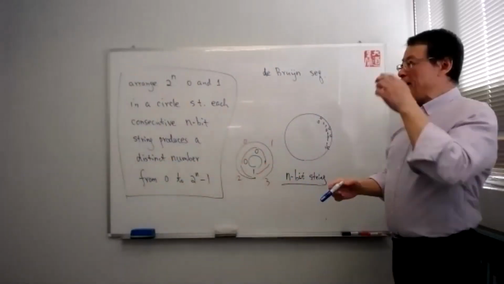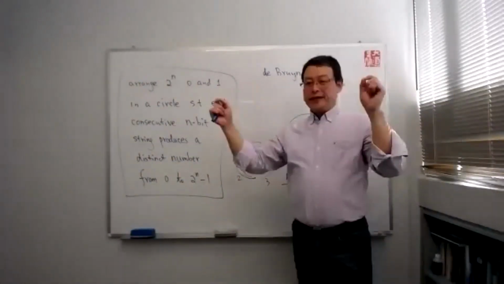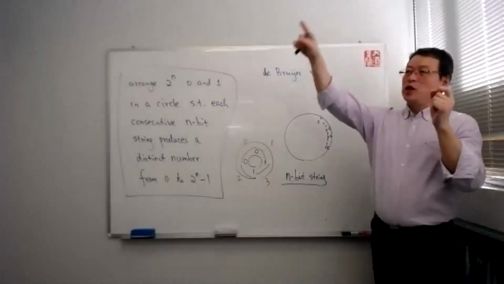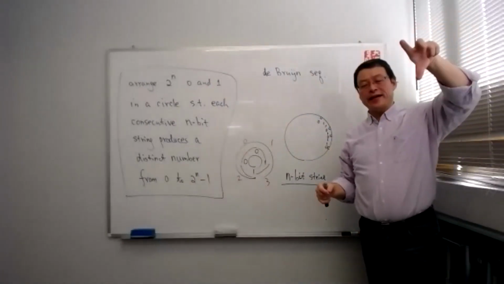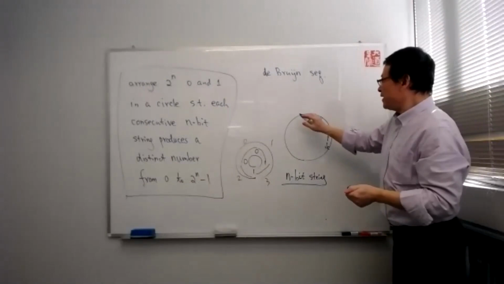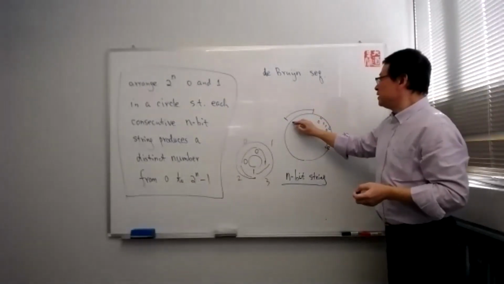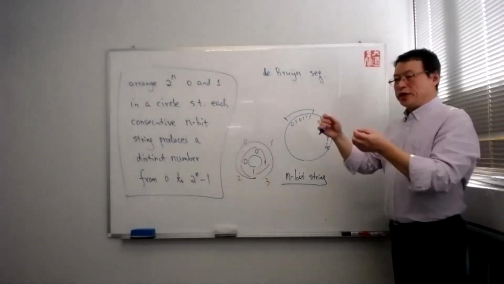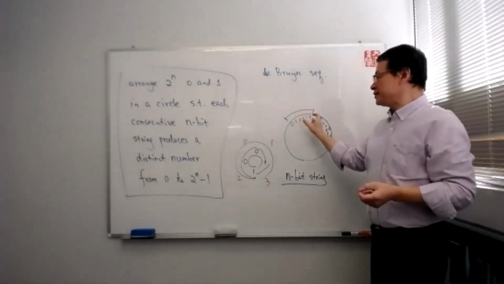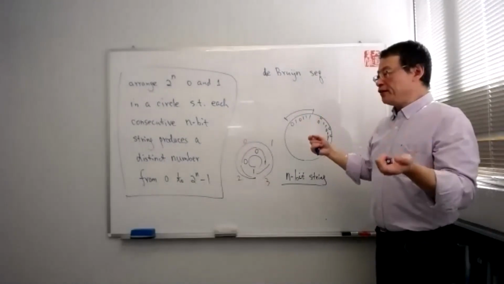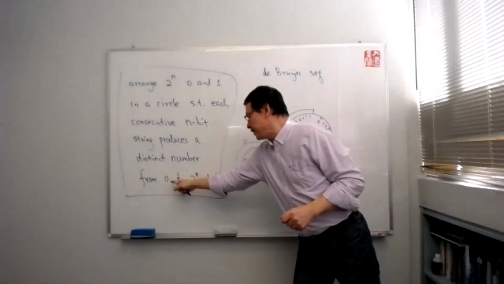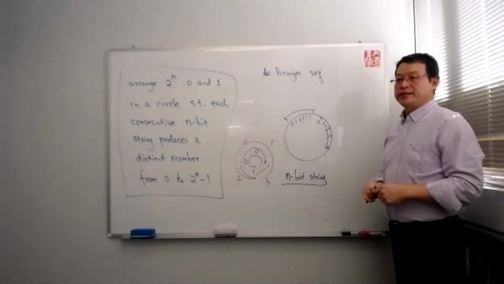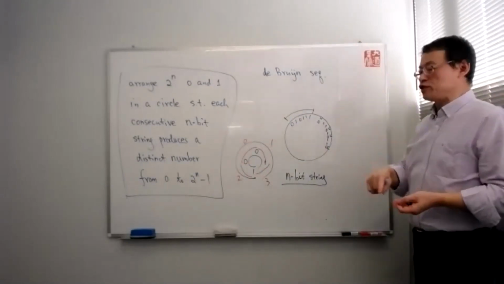So how can we arrange 2^n ones and zeros in a circle so that if I take any n consecutive ones, that gives me a string of length n. So I want all these strings to give me different binary numbers from 0 to 2^n minus 1. So is it possible to arrange them in this fashion?